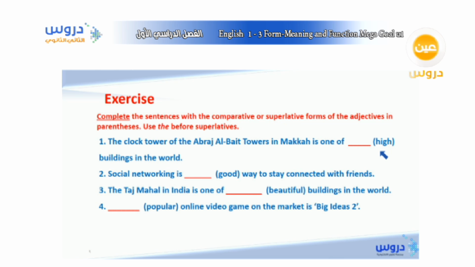So we will use the comparative or superlative? Yes, the superlative form. So what should we say? The most high, the least high, the highest? Yes, the highest. It is one of the highest buildings in the world.